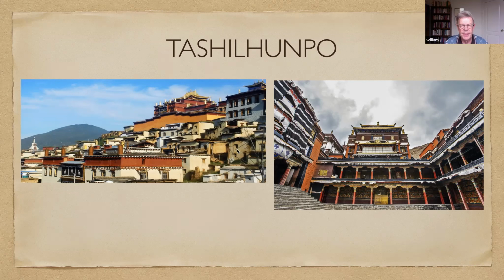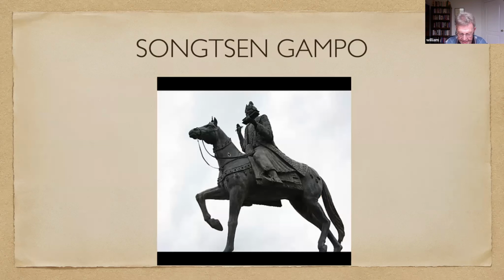So let's look at a little bit of the history of Tibet. The history of a unified Tibet begins with the rule of Songtsen Gampo, 604 to 650. You may remember, referring both in Nepal and Tibet, that this was the gentleman who united the great Tibetan Empire, which included for a time both Nepal and Bhutan.